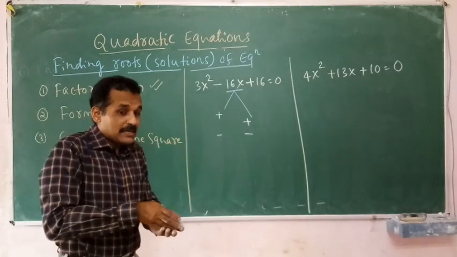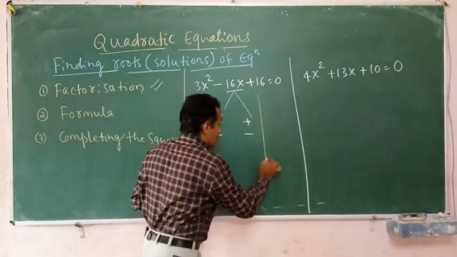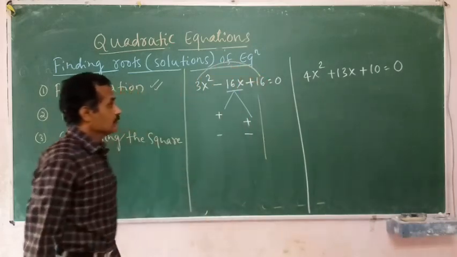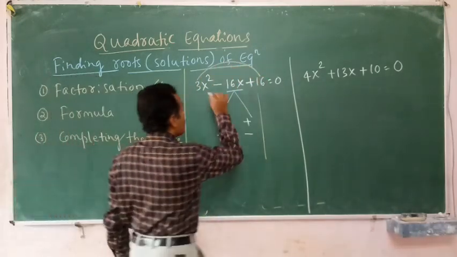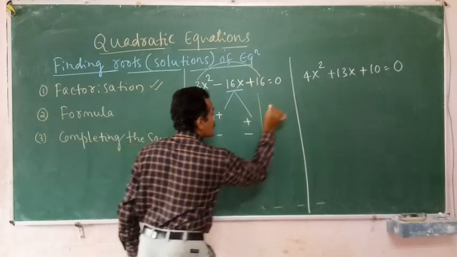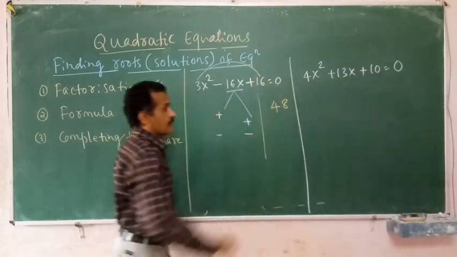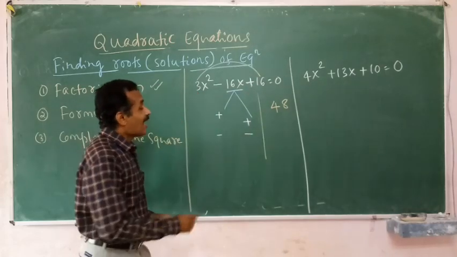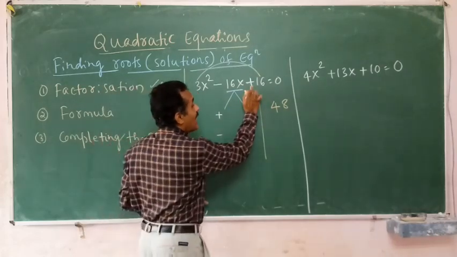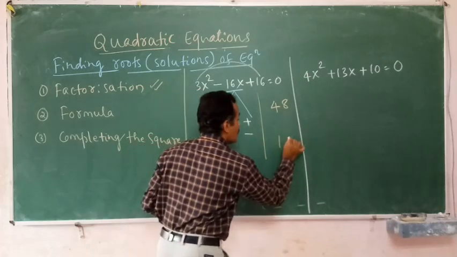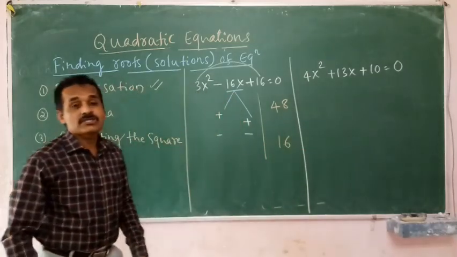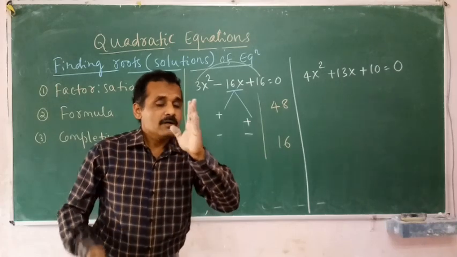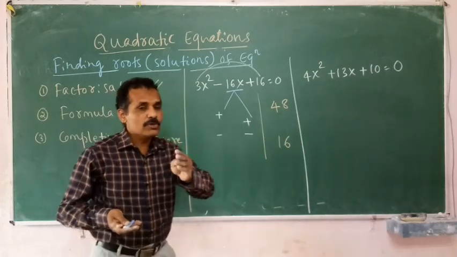Now how should I find it? See, I will say like this. 16 3s are 48. The product of the two numbers must be 48, and on adding you should get 16. Some students may be confused, so I will tell you once again, very slowly.